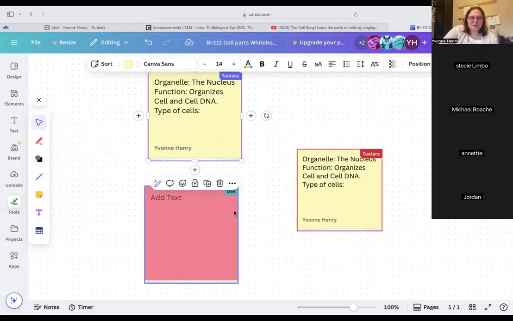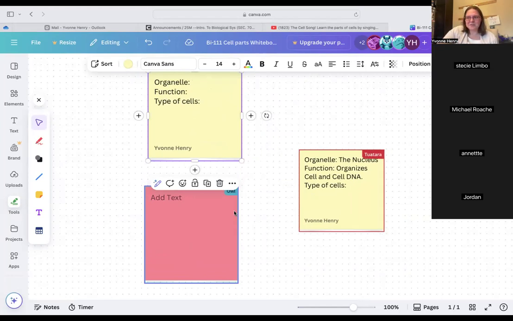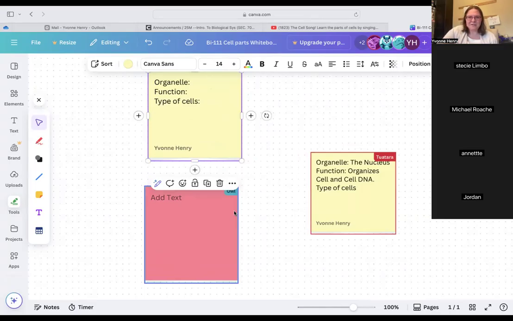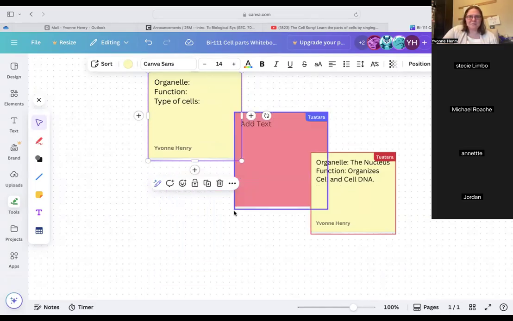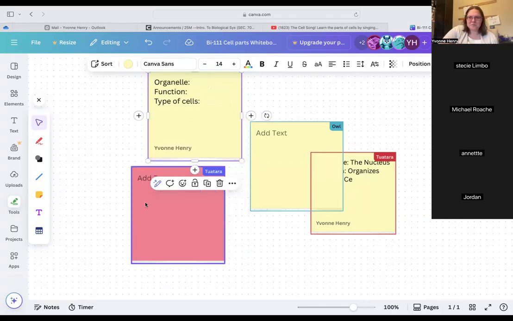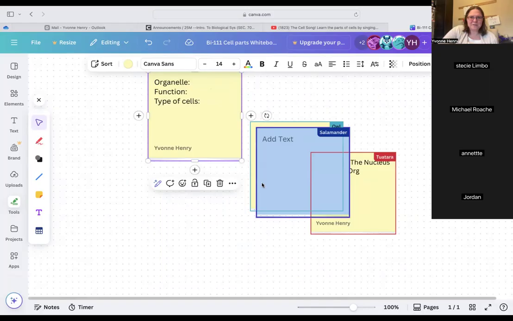So tell me what your organelle is that you're going to talk about, what its function is, and what types of cells, animals, plants, or bacteria, have that organelle in it. Pick a sticky note, change any color you want.